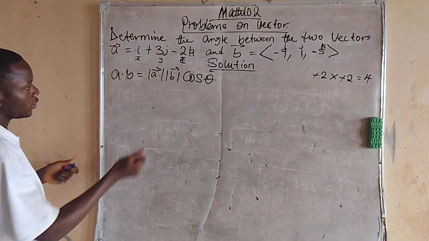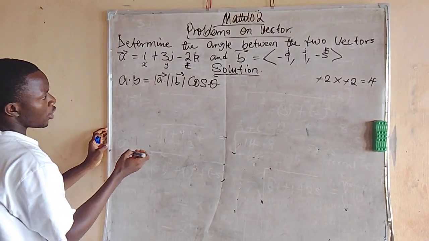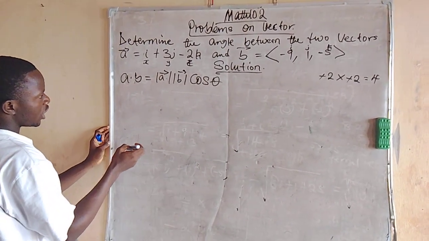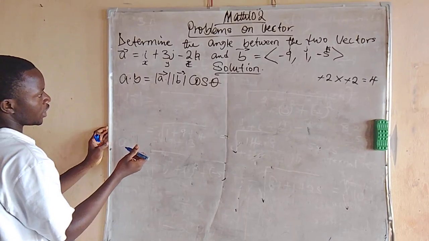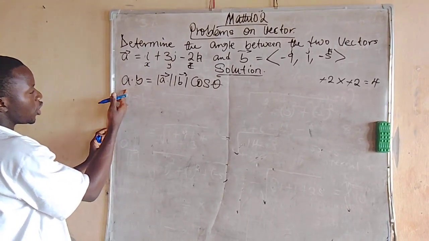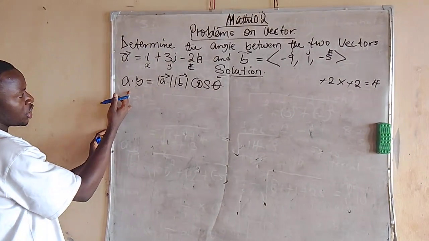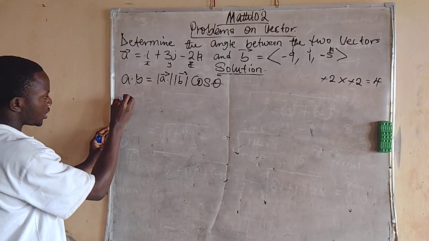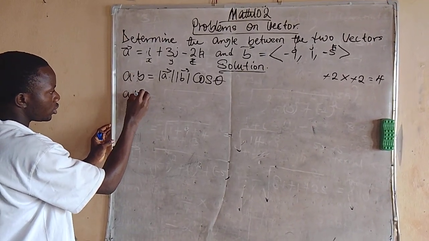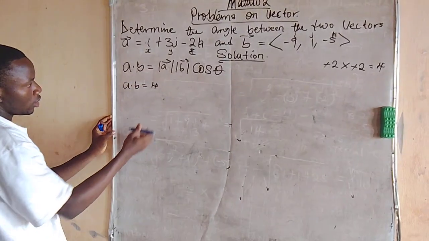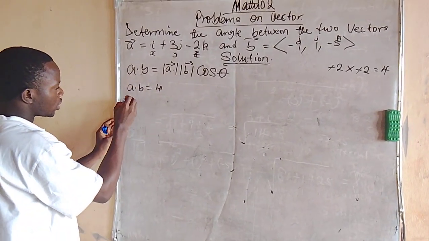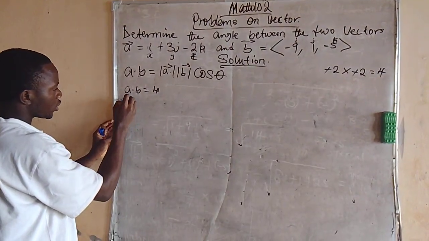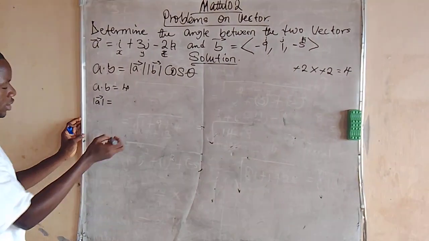Let's substitute first. When we calculated the value of A dot B, it is equal to what? 4. We calculated the value of what? The magnitude of vector A to be equal to what?